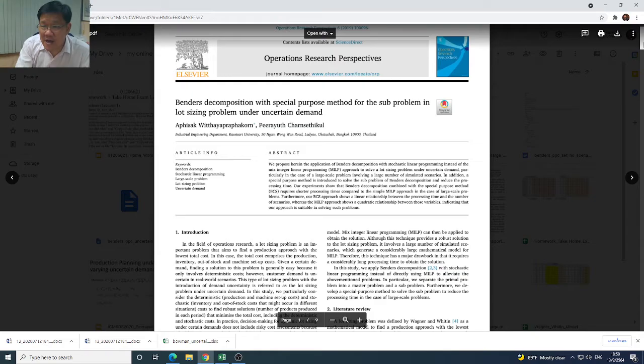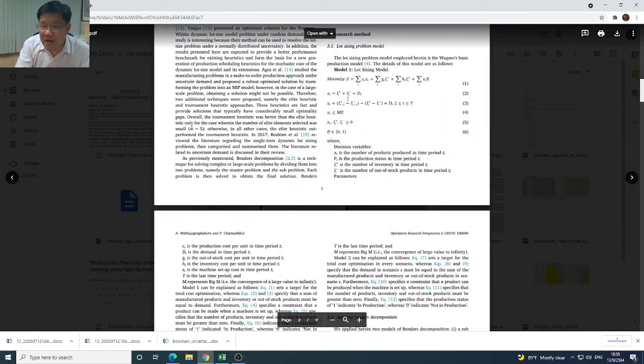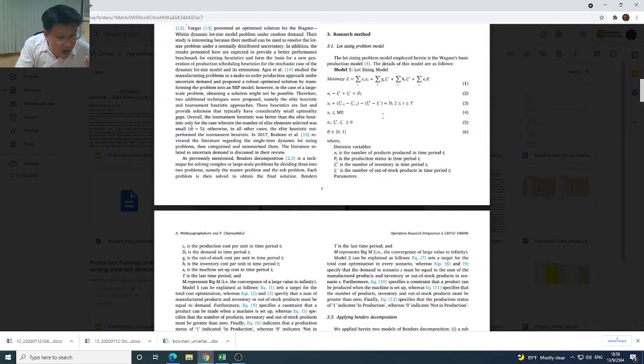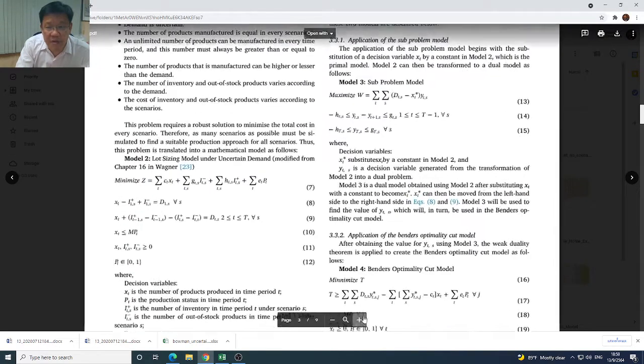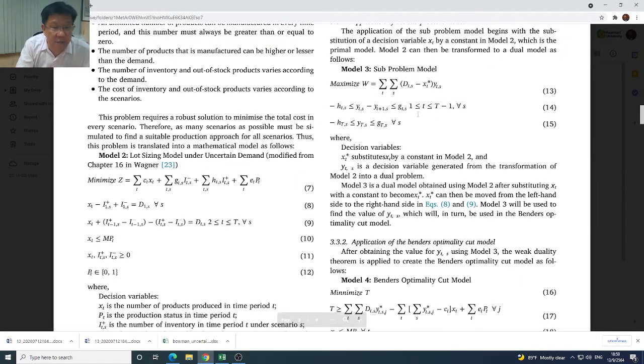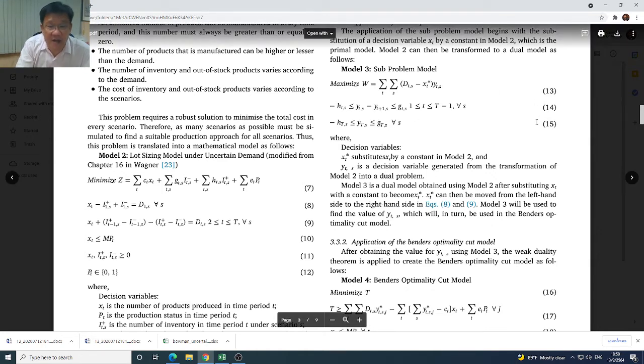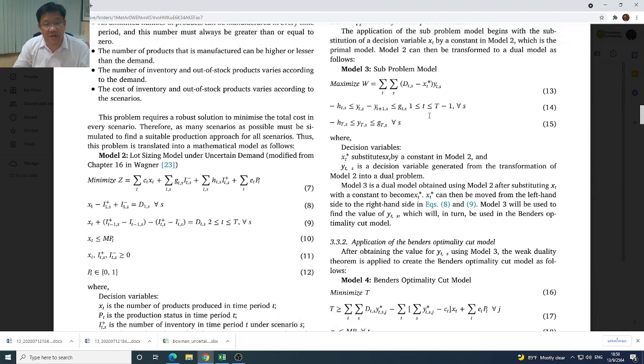Remember that this is based on the Wagner and Whitin concept, not the transportation model of Bowman, but the transition of inventory from the consecutive adjacent periods is exactly the same. They lead to the same subproblem of the dual problem, so you can apply the special purpose algorithm to accelerate. You don't need to solve problems 13, 14, 15 directly by using linear programming; you can reformulate this to become a trivial solution that can speed up the computation time, as we found previously.